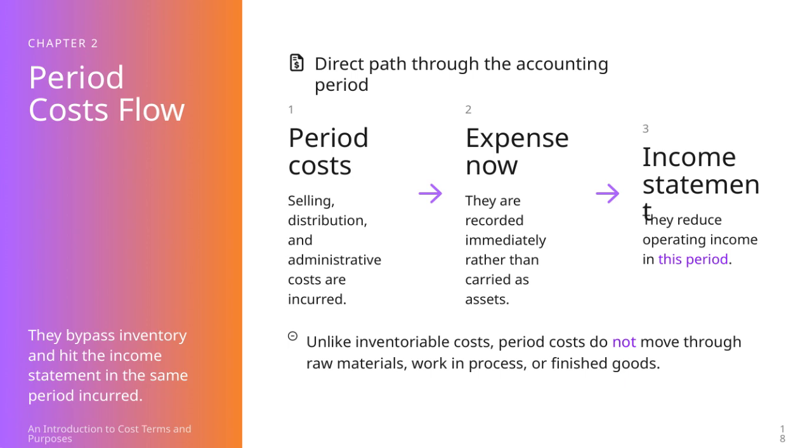This means they have a direct path through the accounting period, without passing through raw materials, work in process, or finished goods. Because these costs are expensed immediately, they reduce operating income right away. Understanding this flow is crucial because it affects how we report costs and measure profitability in a given period.